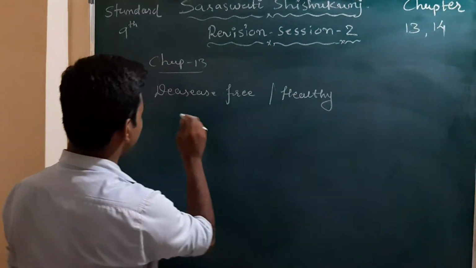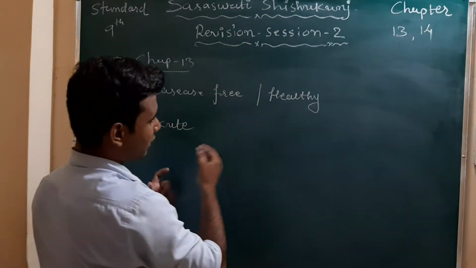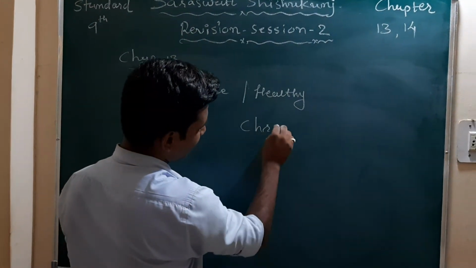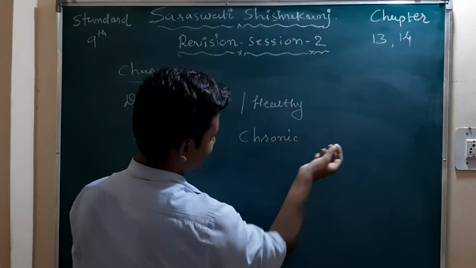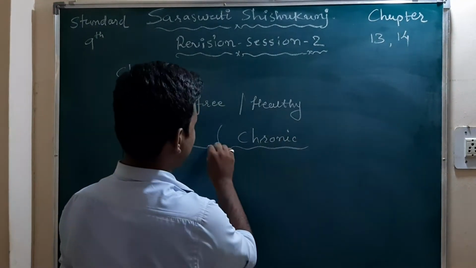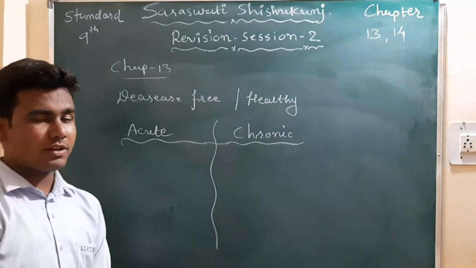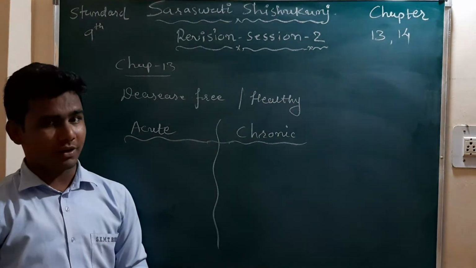In this chapter we have also discussed disease, in that acute disease and chronic disease. What have we discussed about acute disease and chronic disease? Simple. In a 2 marks question it can be asked to write a difference between acute disease and chronic disease.